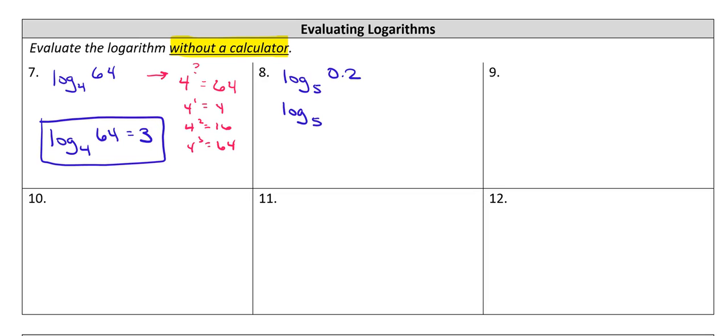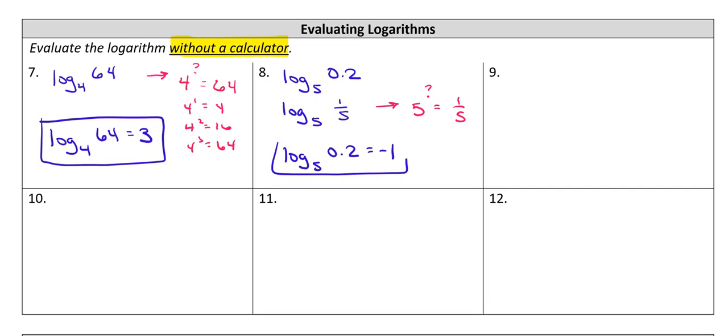So 0.2 means 2 over 10, and 2 over 10 simplifies down to 1/5. By writing it this way, I can more easily see that 5 to what power equals 1/5? In order to flip it over from 5 to 1/5, I know it has to be negative. So log base 5 of 0.2 is -1.